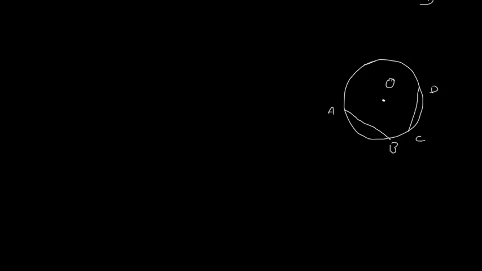Now when I say distance, I am talking about perpendicular distance. So here we draw perpendiculars. Say this is point E and this is point F. So the distances OE and OF are equal if AB is equal to CD.